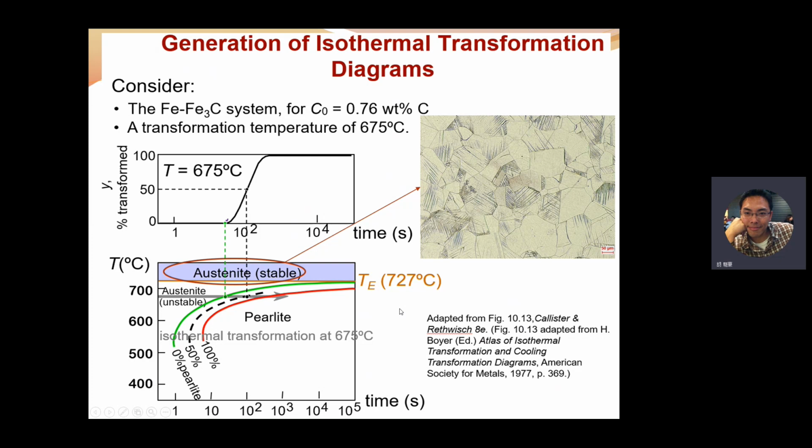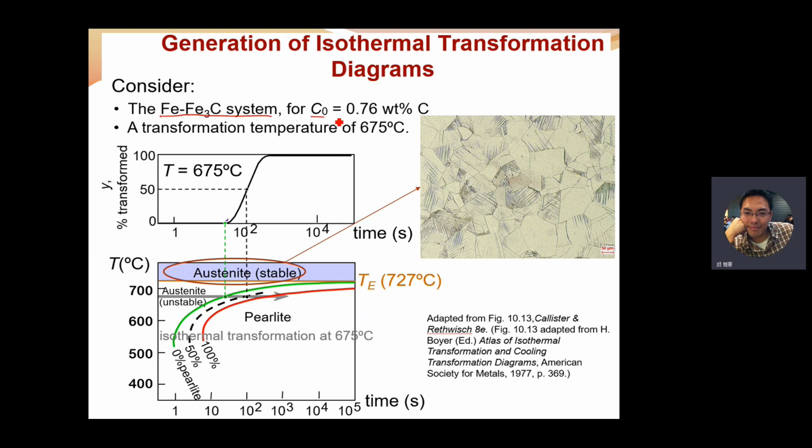So let's look at the generation of the isothermal transformation diagram. We can convert this figure of transformation rate to an isothermal transformation diagram, or we say a TTT, time temperature transformation diagram. As an example, let's consider the iron and cementite system.